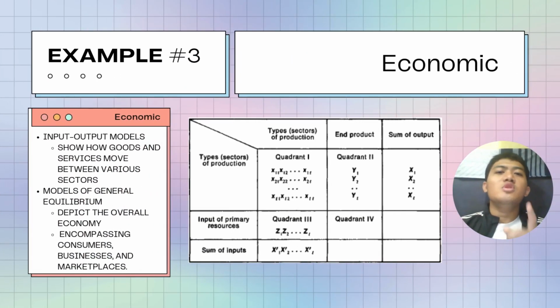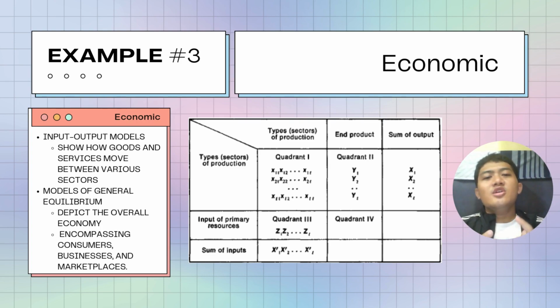And now I will explain to you about the application of the matrix in economics. Matrices are used in economics to solve problems involving linear equations and to model economic data. Many economic models involve multiple interacting variables and equations.